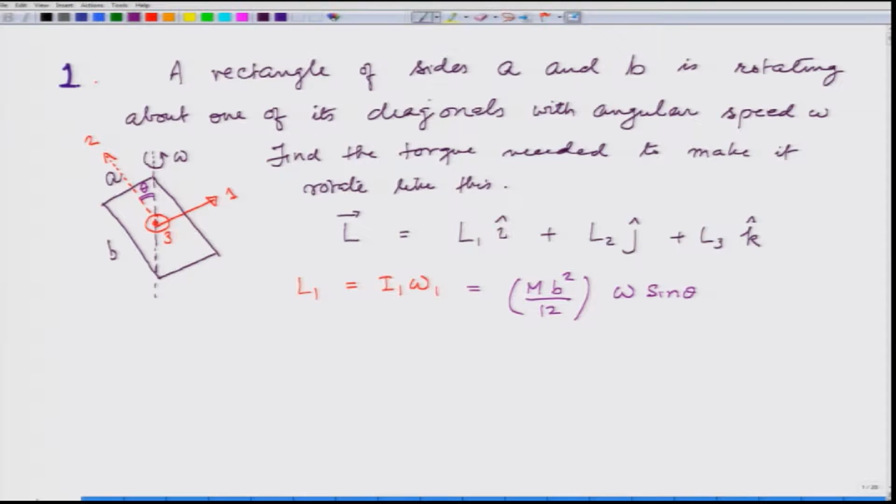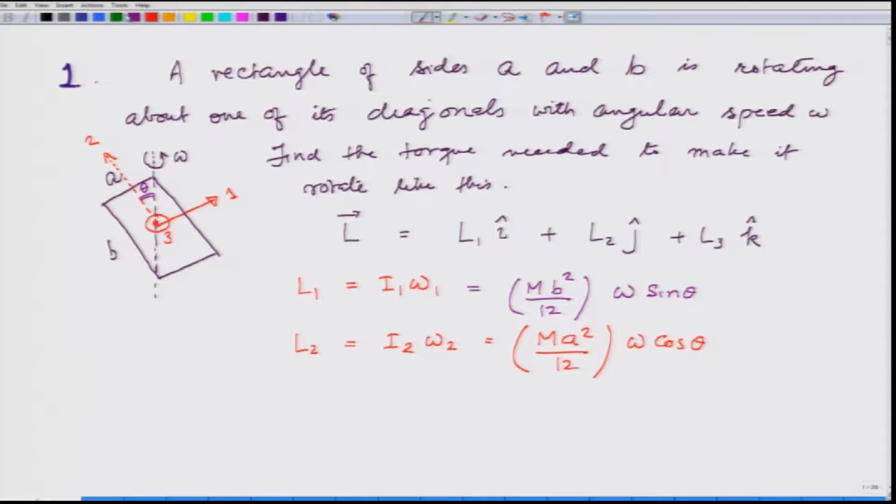Similarly, L2 is going to be I2 omega 2, which is equal to m a square over 12 times omega cosine of theta.